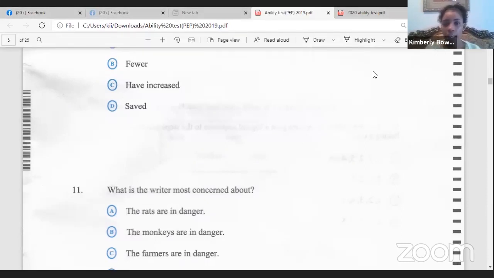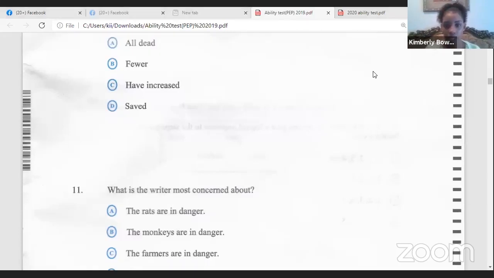So we know that there will be a passage on the 2021 examination.